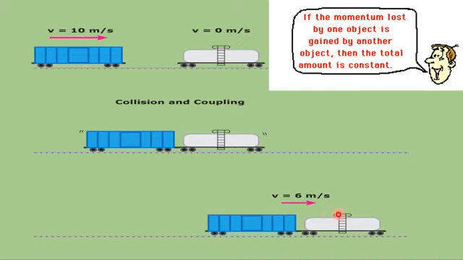Thus the momentum will be lost by this object, but the object that was at rest will gain momentum. This one loses, but that same momentum is gained by the other object. Thus we can say that the total momentum will be conserved.